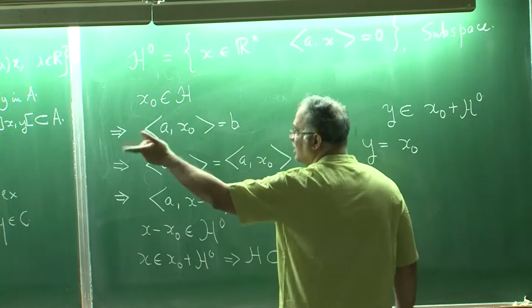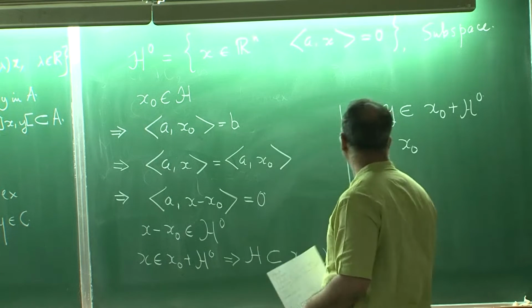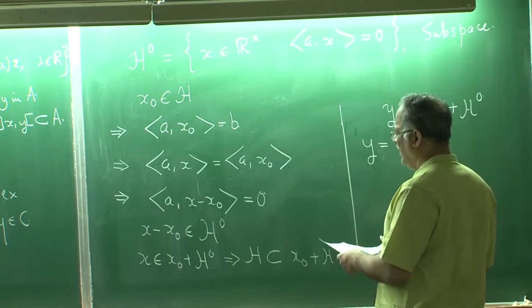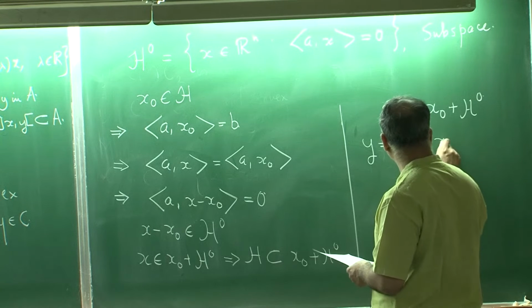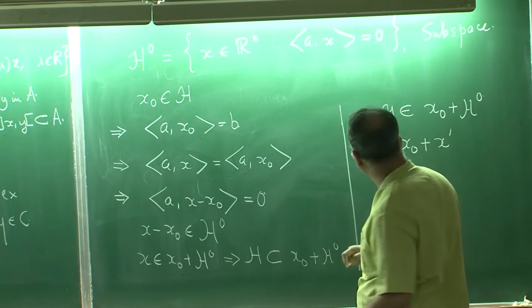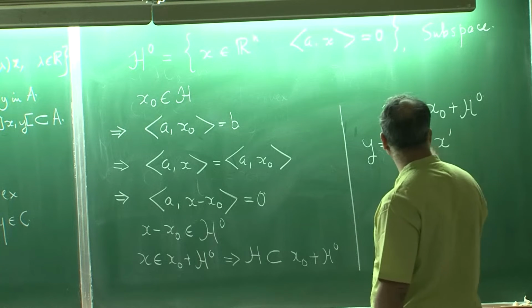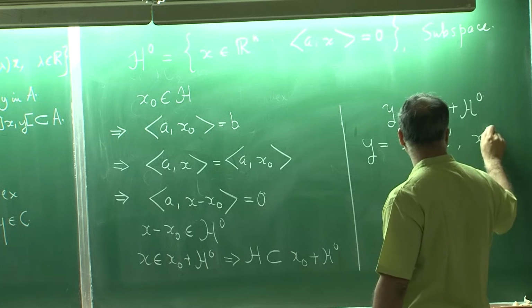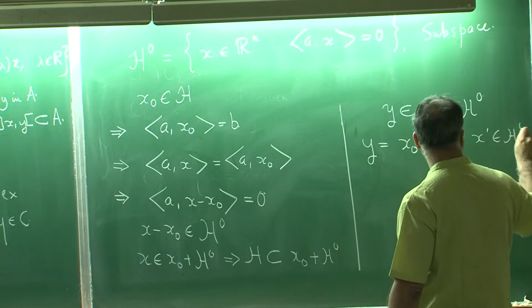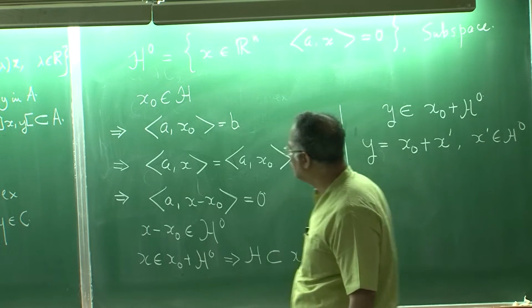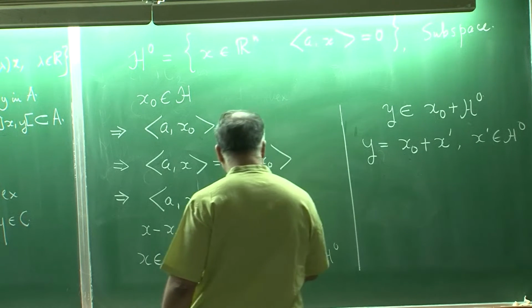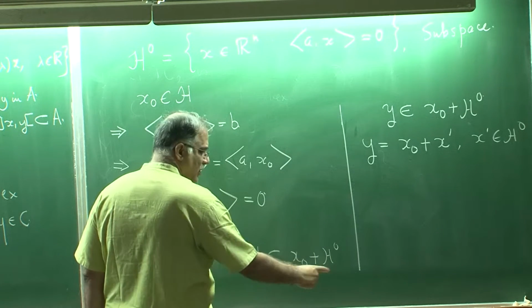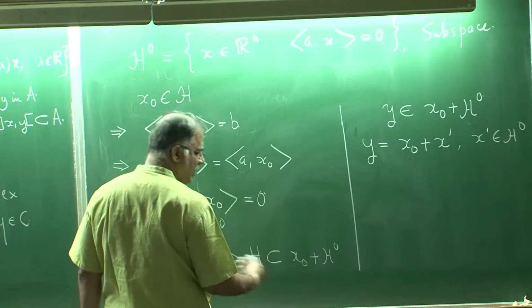So, it is the same C1 plus C2 thing basically. Where x naught is this and x dash is an element of H naught. Now, let us see whether y belongs to H. We want to say that any element of this will also belong to H. So, H would be a subset of this and this would be a subset of H, and so they would be equal.